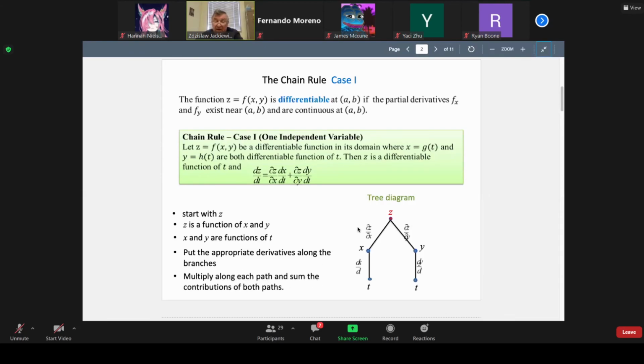Multiply along each path, this times this, and sum the contribution of both paths. So again, this is a formula, and this is a graphical interpretation. This graphical interpretation doesn't matter for this simple case, but you'll see that it will be quite useful when we have more complicated situations.